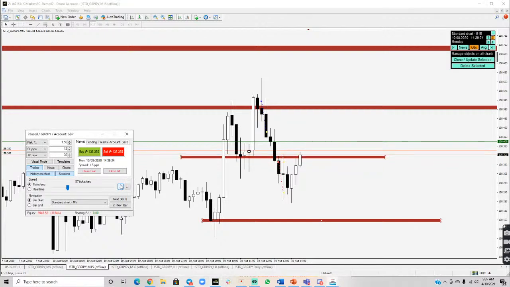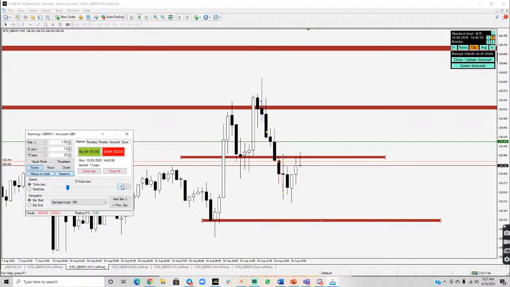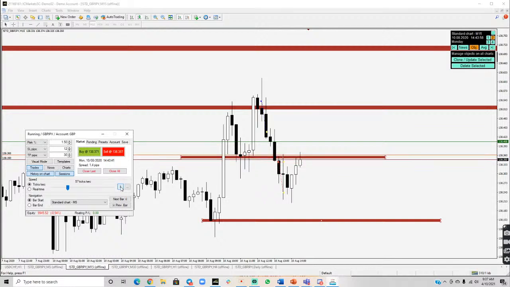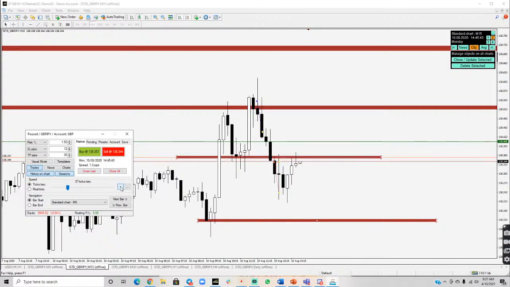Is this a break and retest? This just feels like a break and retest of the current market structure, in all honesty. Yeah, this looks like a break and retest because as I can see, price came up 1, 2, 3 times and failed to break and close back in the range.